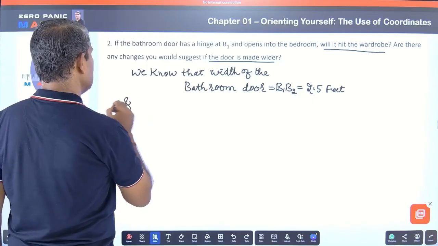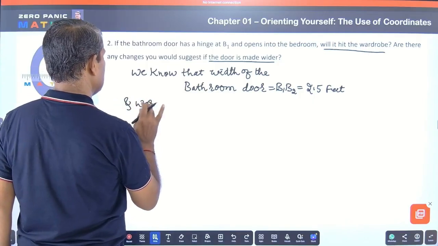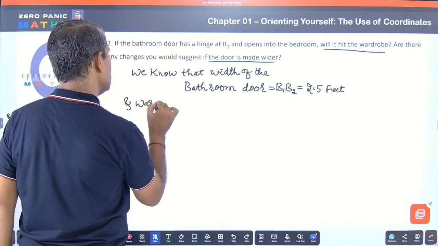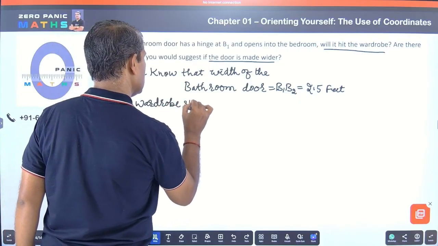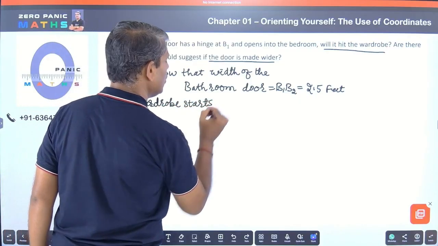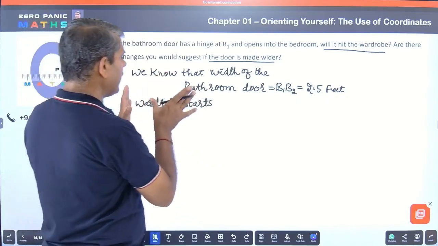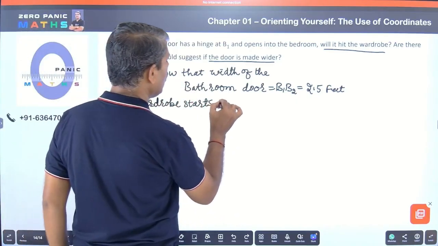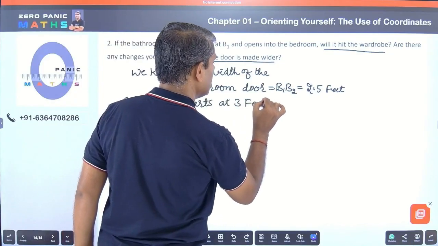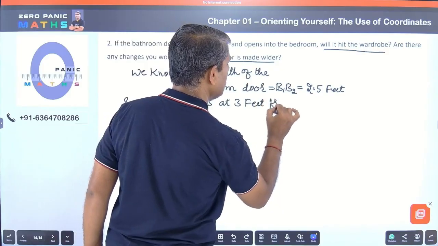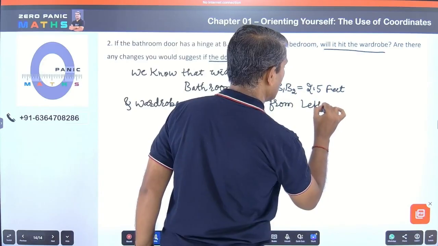And the wardrobe, it depends on you how you frame these sentences. Okay, wardrobe starts at 3 feet from the left wall.